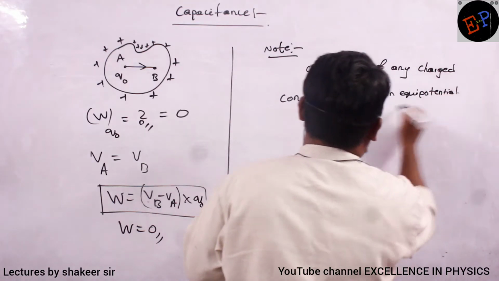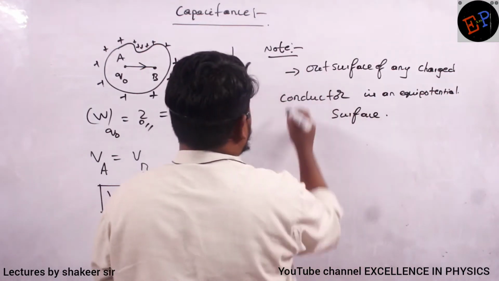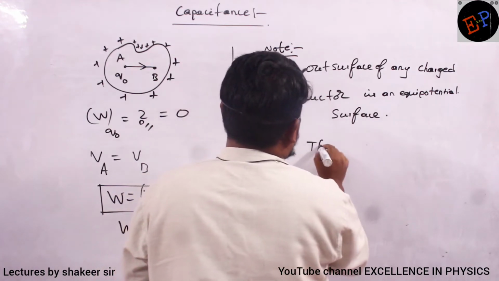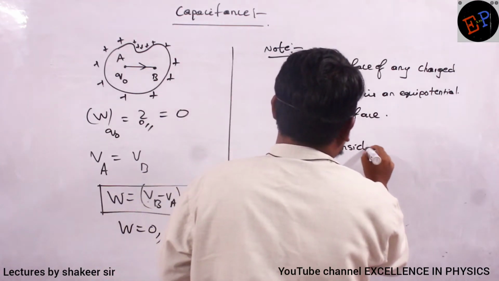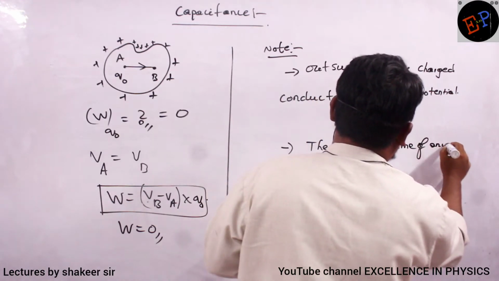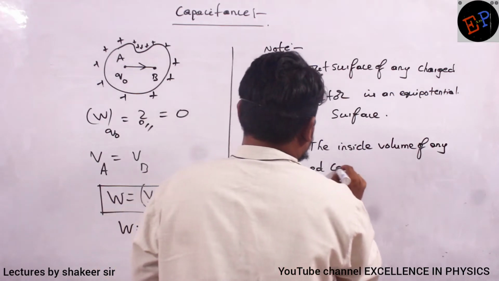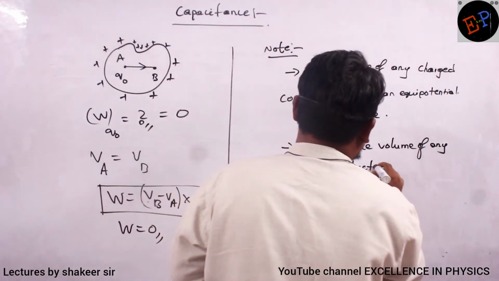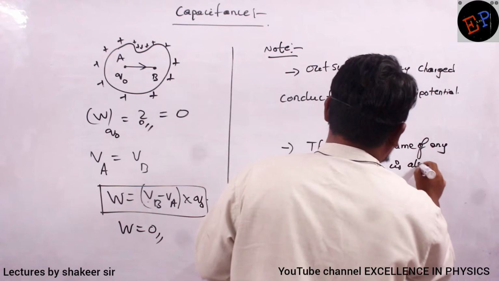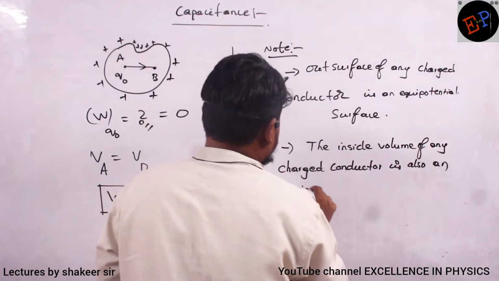One more point is that the inside volume of any charged conductor is also an equipotential surface.